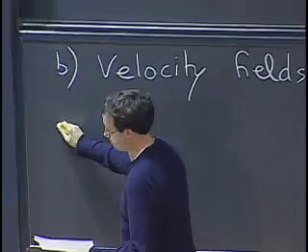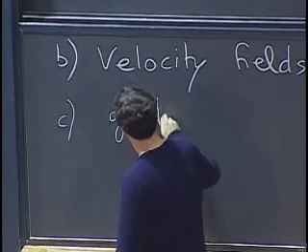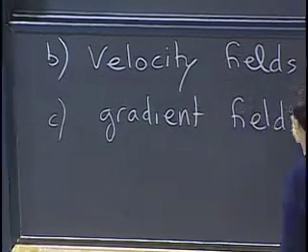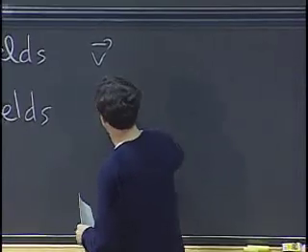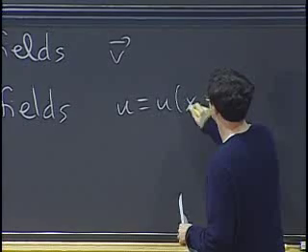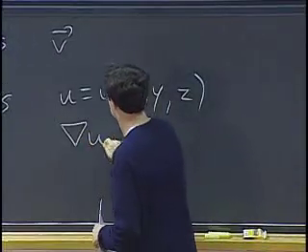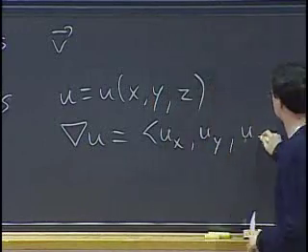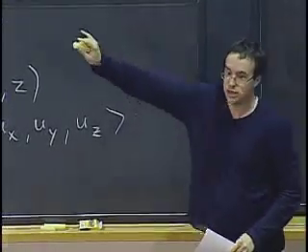Just to give you more examples, in math we've seen that the gradient of a function of three variables gives you a vector field. If you have a function u of x, y, z, then its gradient field has components u sub x, u sub y, and u sub z. Of course, the cases are not mutually exclusive.